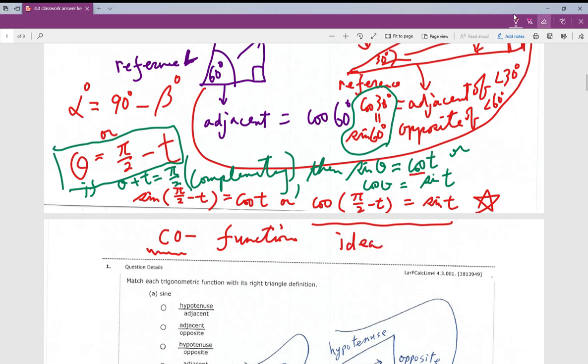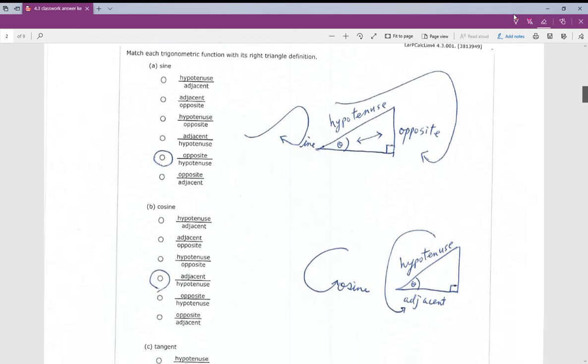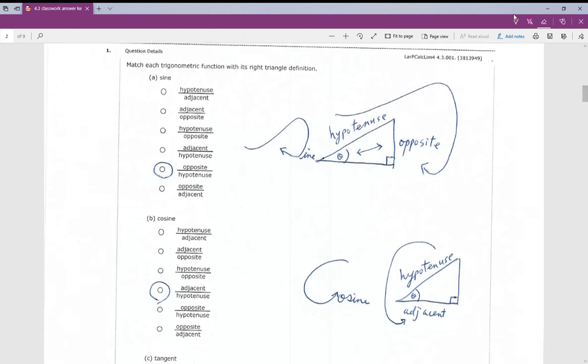Okay, so let's keep going to number 1. When we talk about sine, we just write S-I-N. We don't write S-I-N-E, but the full name is S-I-N-E.